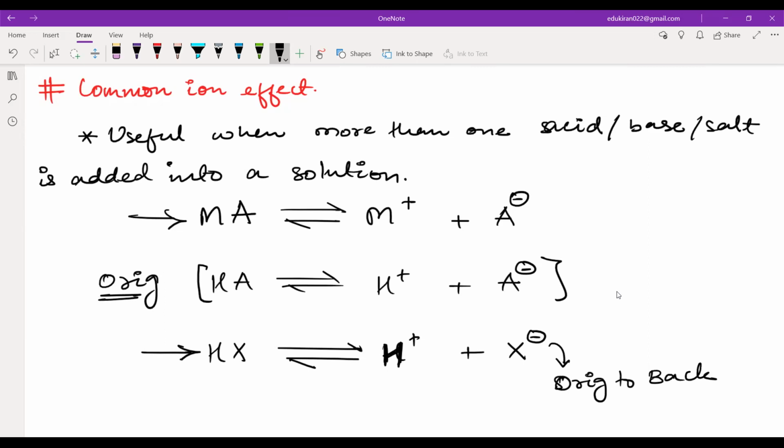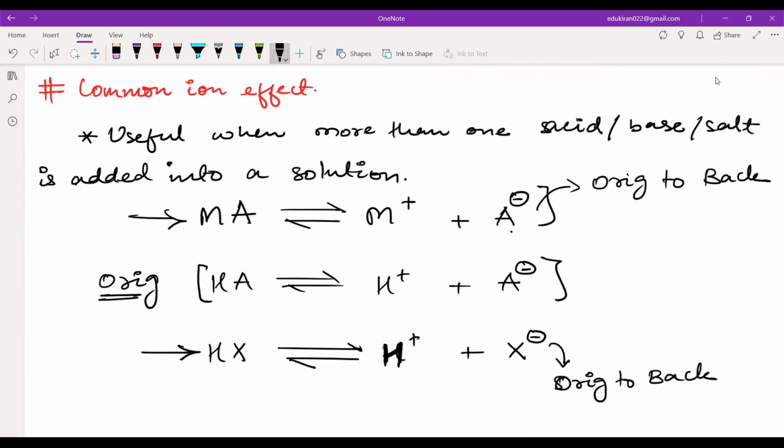Similarly, even if I add MA, in this case also A negative is increasing. If A negative is increasing, then also the original reaction is going to go back. Correct? Yes or no?